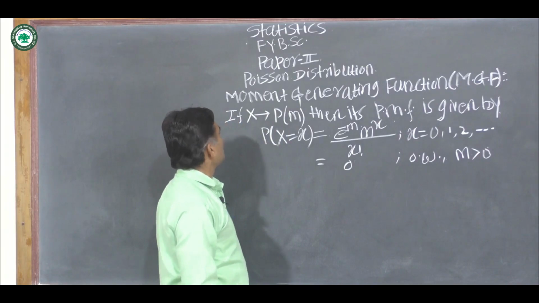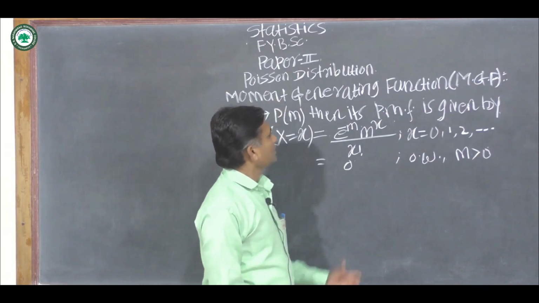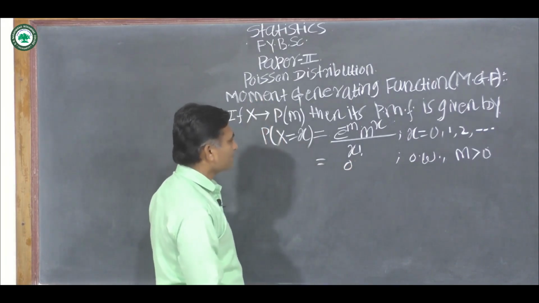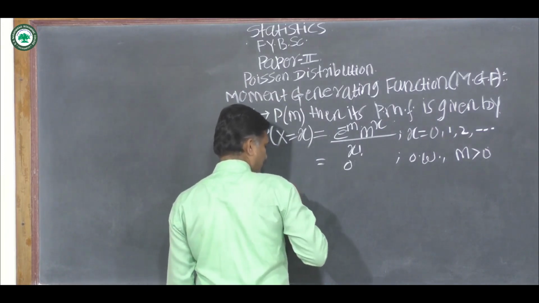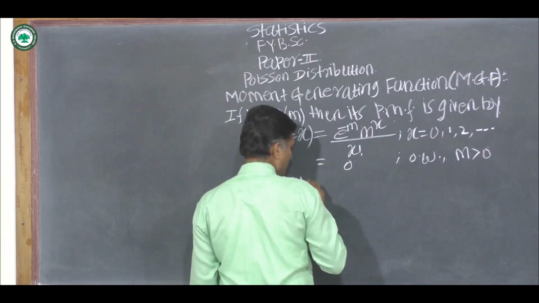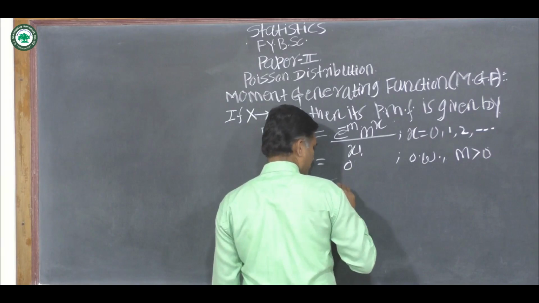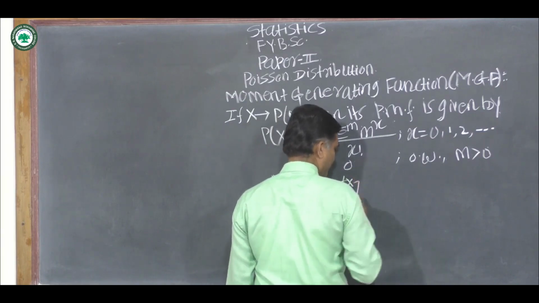This is the probability mass function of Poisson distribution. Now to obtain the MGF of Poisson distribution, by definition of MGF we have M_X(t) is equal to the expected value of e raised to t into x.